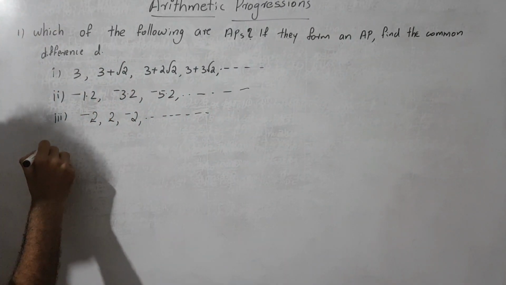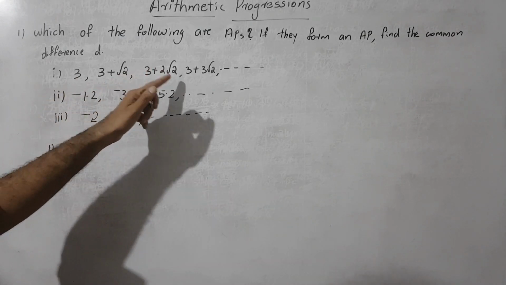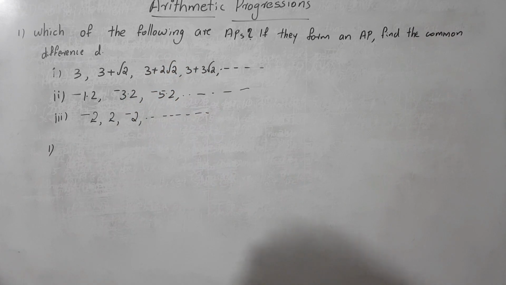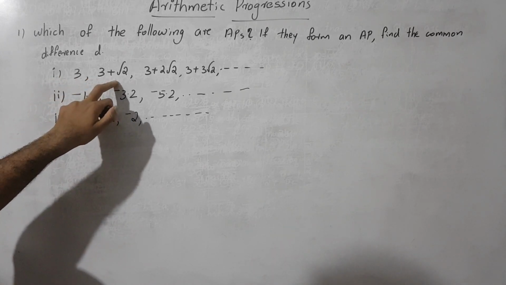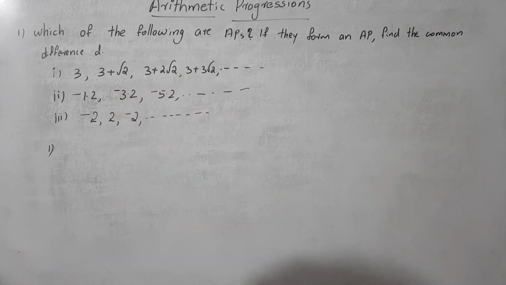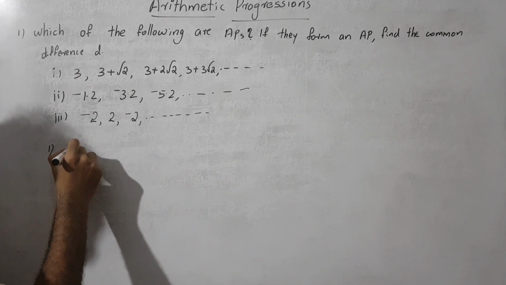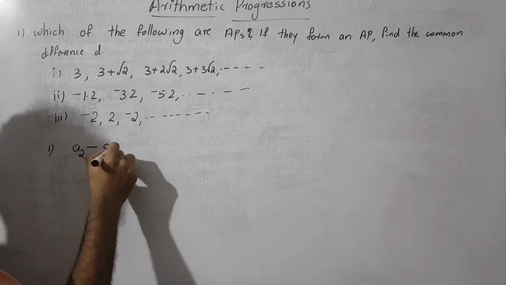The first sequence is 3, 3 plus root 2, 3 plus 2 root 2, 3 plus 3 root 2, etc., an infinite AP. A1 is 3, A2 is 3 plus root 2, A3 is 3 plus 2 root 2, A4 is 3 plus 3 root 2. First we subtract A2 minus A1.